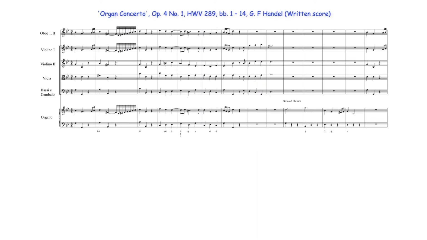In the first of his 6 organ concertos, Opus 4, Handel also in the original score provides here only the following two-part texture, which he explicitly indicates should be completed by the soloist.